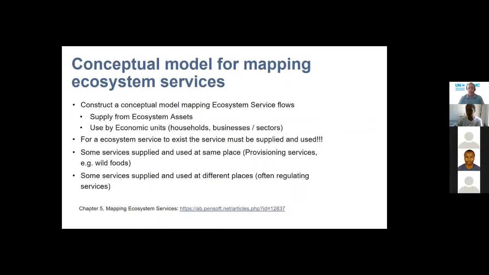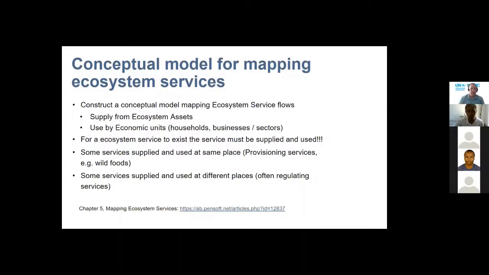So following step 2, hopefully now we have an understanding of our ecosystem assets, and hopefully some information on their condition that can be used to infer something on the potential for them to supply ecosystem services. But now what we want to do is start building a picture of the relationships between ecosystems, ecosystem services, and beneficiaries for the assessment.